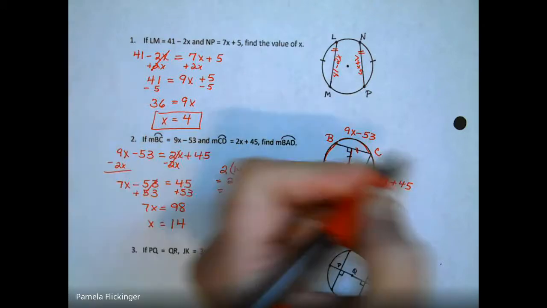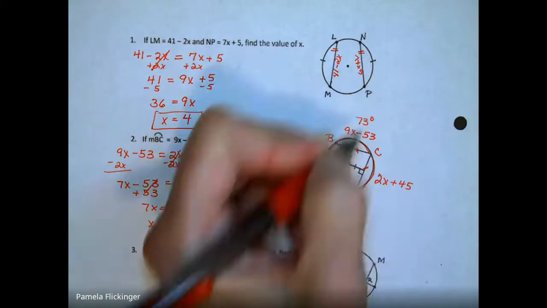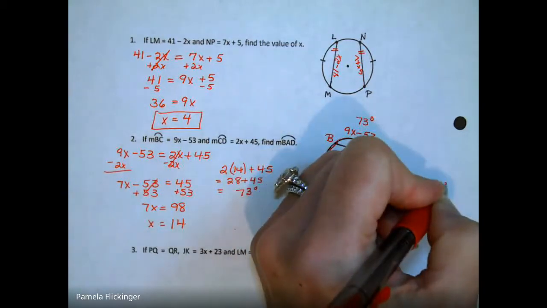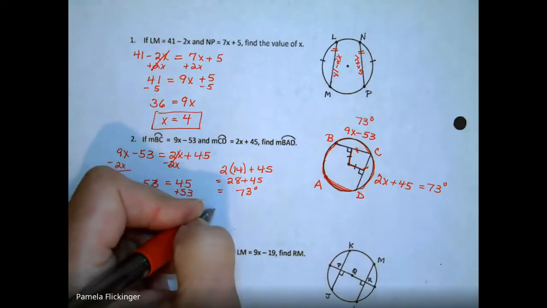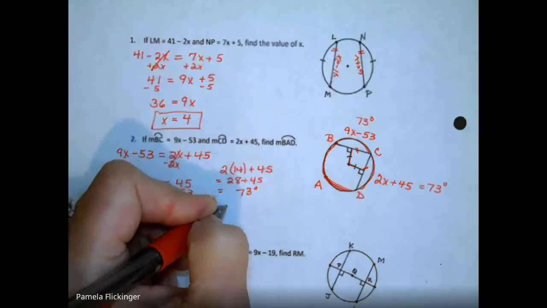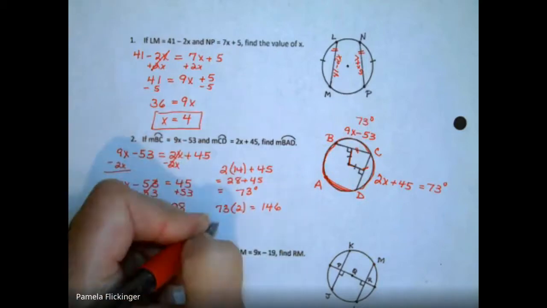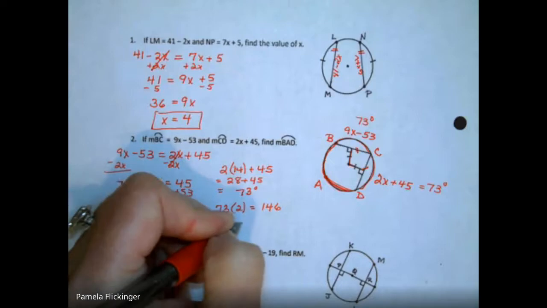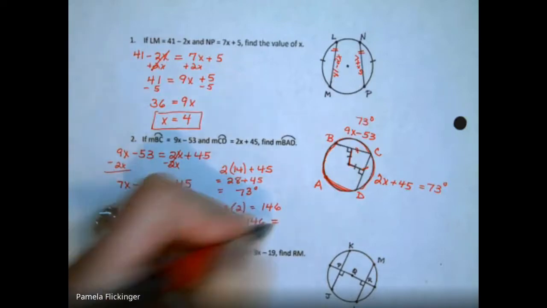So I know that this arc here is 73 degrees and this one out here is 73 degrees. So if I add those up, or multiply by 2, I should say, 73 times 2 is going to be 146. And then 360 minus that 146 gets me what I'm looking for.